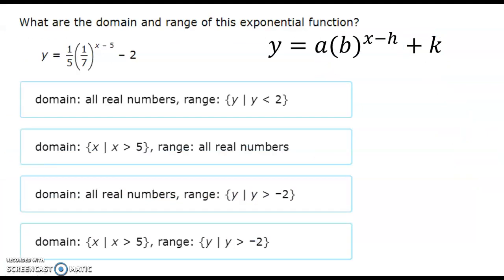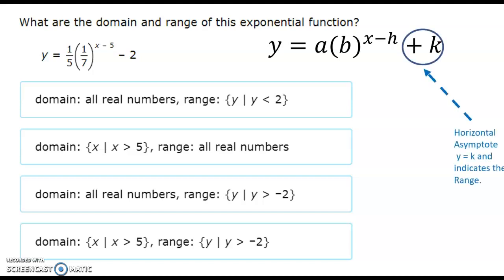This is the last example that we're going to go over today. This example asks what are the domain and range. Well, you already know that the domain should be all real numbers because in exponential functions, that's what our domain is going to be, always. Next, we're trying to identify our range, and our range is the number in the back, which is our k value. The k value indicates the horizontal asymptote and helps us identify the range.